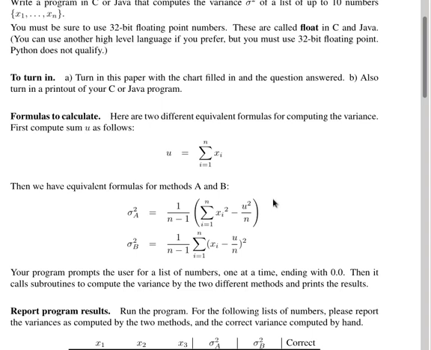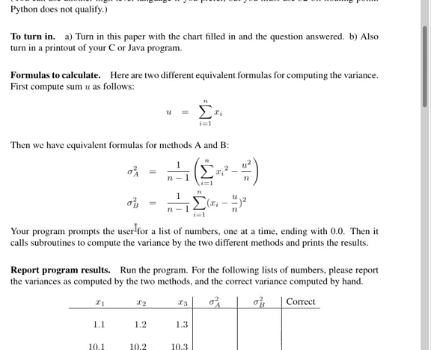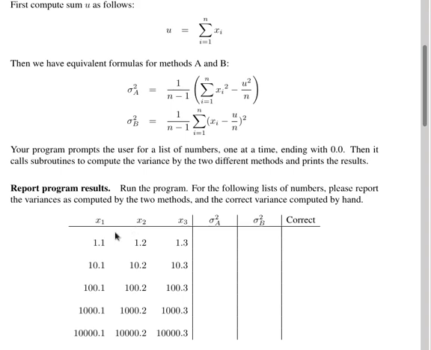There are 2 formulas here, A and B. They are mathematically equivalent, although they're written differently. We're going to run through both formulas in a moment. And then I'm going to ask you to compute the standard deviations for just 3 numbers, that's all.